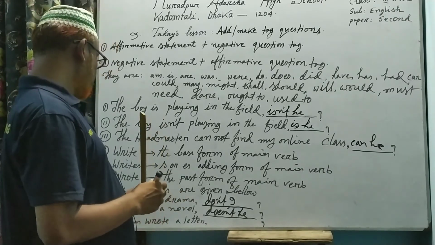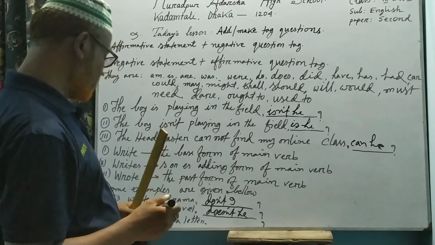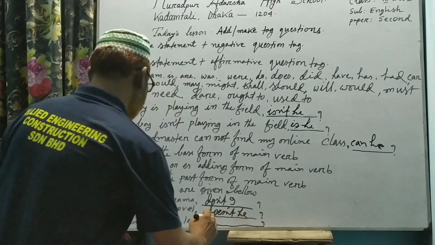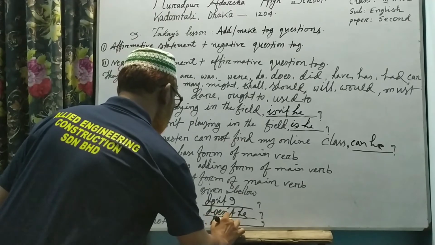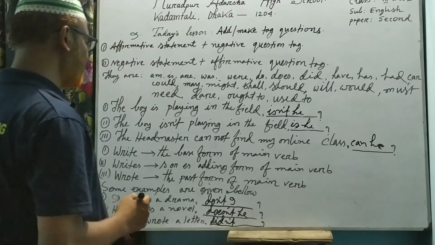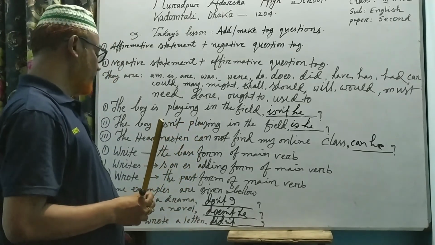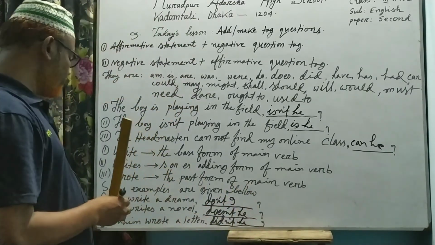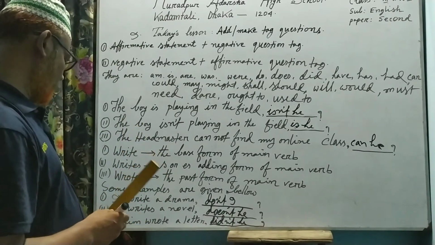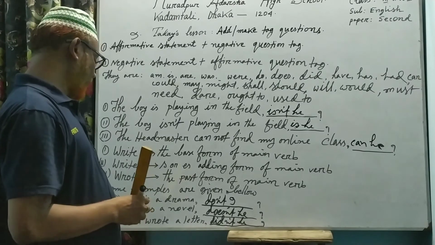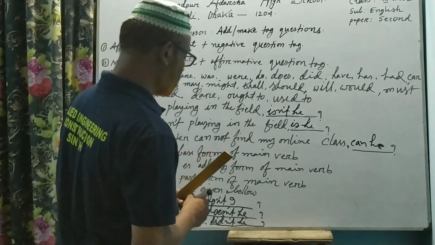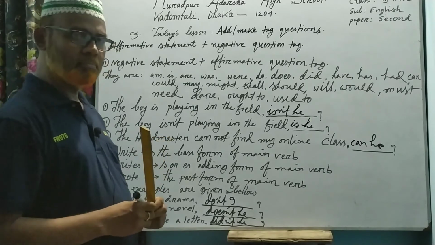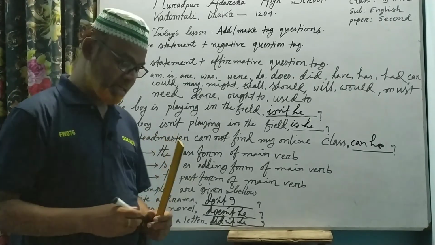So, according to the rules of making tag question, didn't will sit in the tag question, and he instead of noun Rohim, and then question mark is used at the end of the tag question.